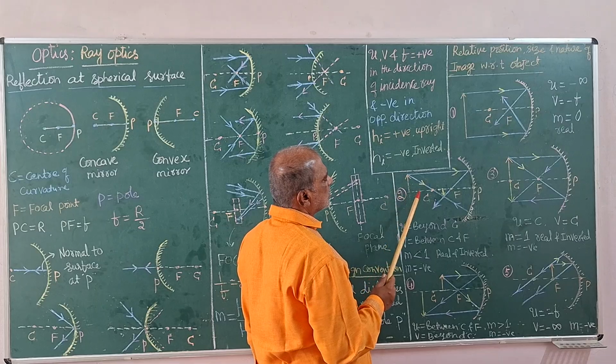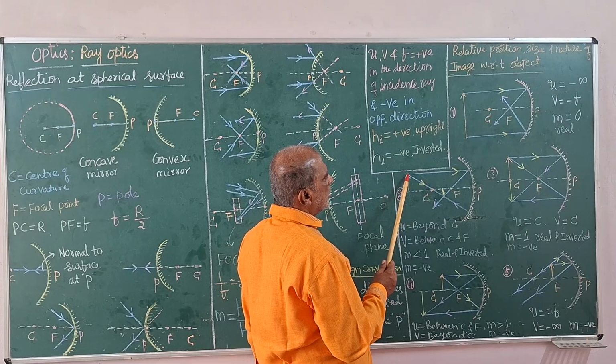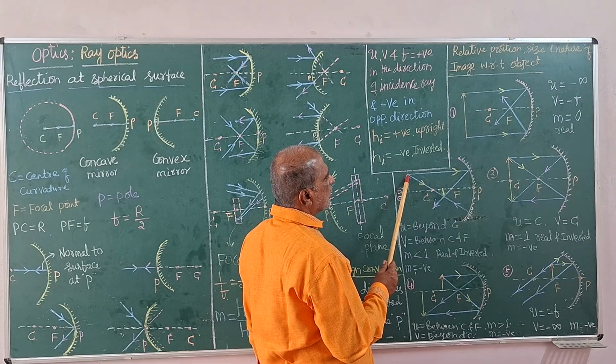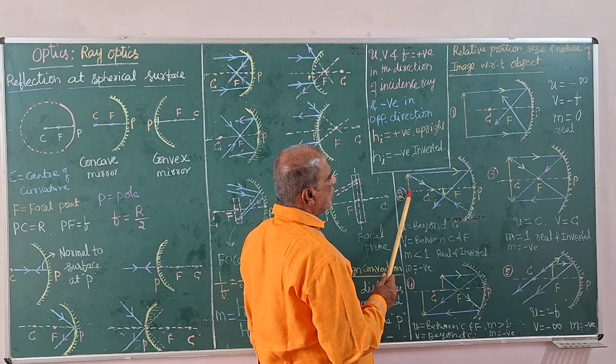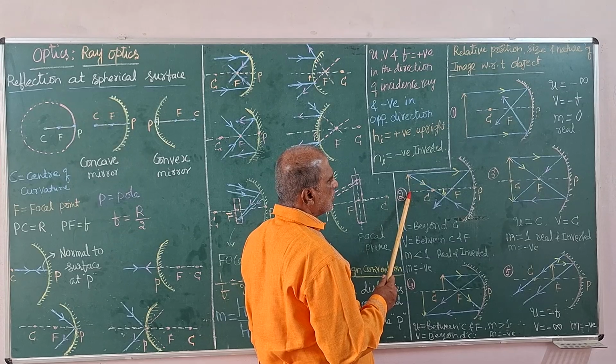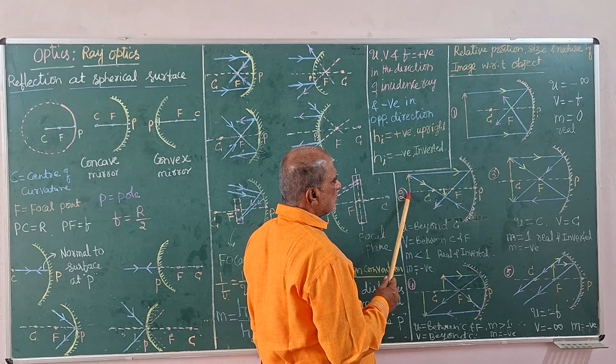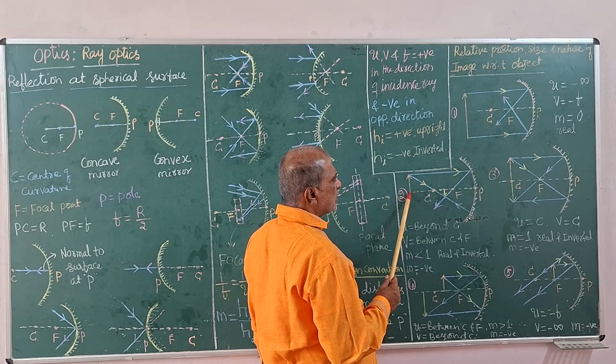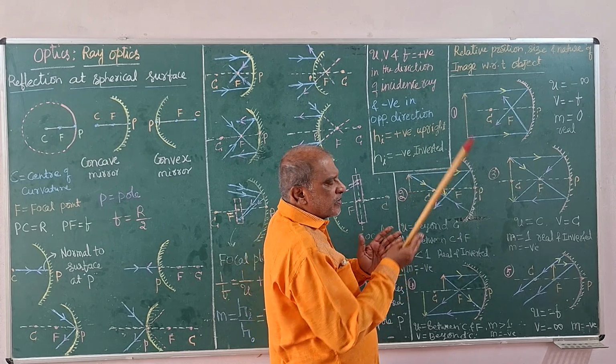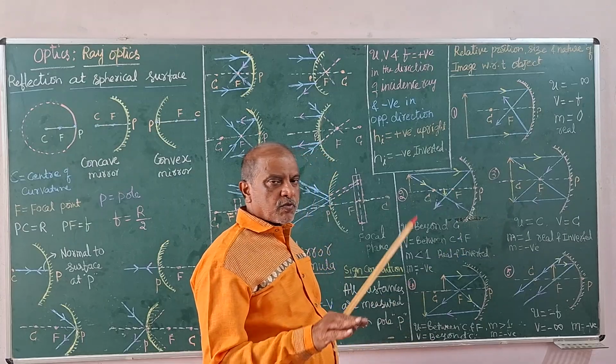You have to take the point on the tip of the object and the point at the bottom of the object. Since the bottom is in touch with the principal axis, the image that is forming is also in touch with the principal axis, but you don't know where it is.